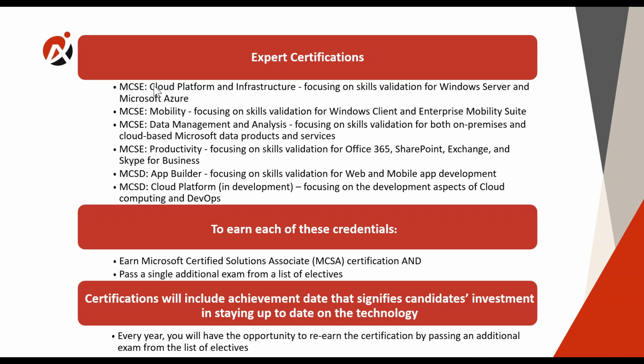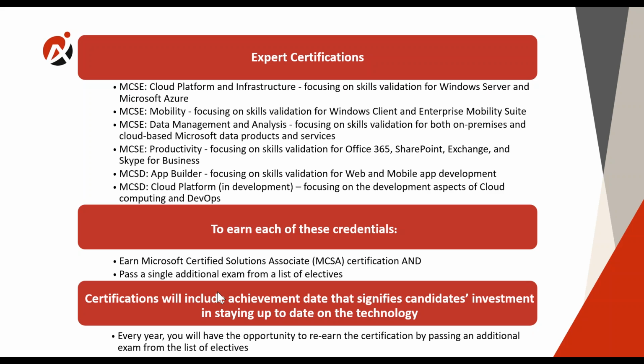This is all their developer and expert level. E is expert, D is developer, but they're considered expert certifications. In order to earn them, and this is their vertical stack, you have to get an associate, and then you have to pass another exam from a list of electives. And this is how they keep it current.